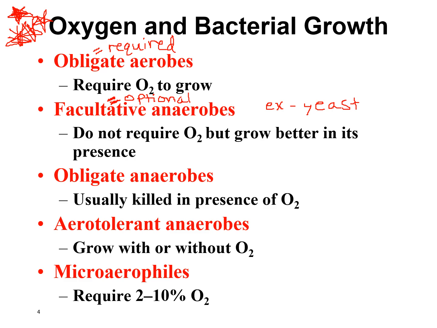And then we have obligate anaerobes. So remember, obligate means required, and anaerobe, not using oxygen, not requiring oxygen. And obligate anaerobes actually are killed by oxygen. A good example here to think about would be C. diff or Clostridium difficile.